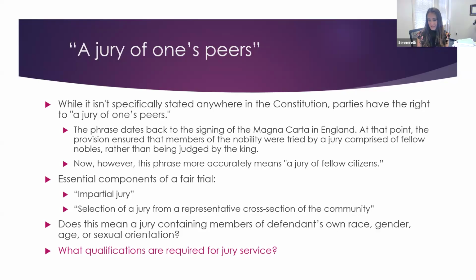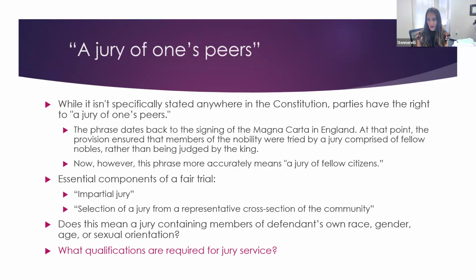Does this mean that, let's say we're looking at Thaddeus Edmondson, that today there has to be another Black American juror in his jury if he was filing this case today? No, right? It doesn't mean that anyone is guaranteed a jury that has any members who share any characteristics with them.